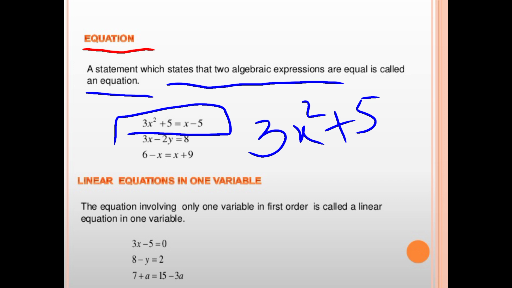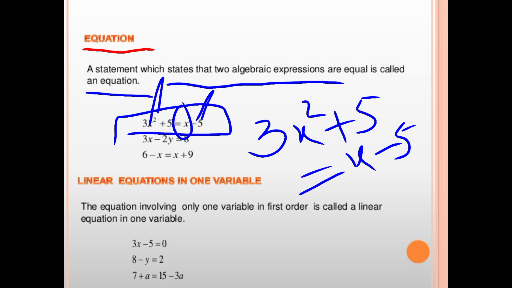On the right hand side it is equal to minus x minus 5. Since this is an algebraic expression and this is also an algebraic expression, they are equal to each other, indicated by this equality sign.